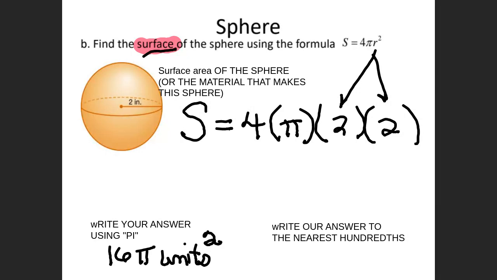Surface area, area is always 2. That's the exponent. But if I want to get it in hundredths, this will give me 50.27 units squared.